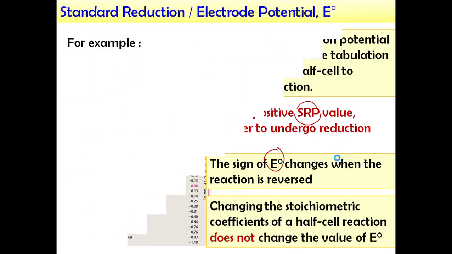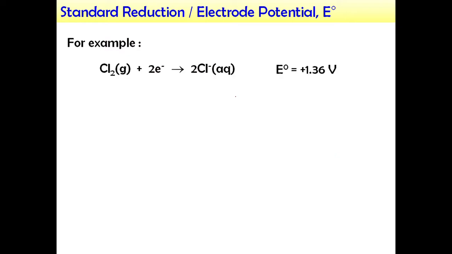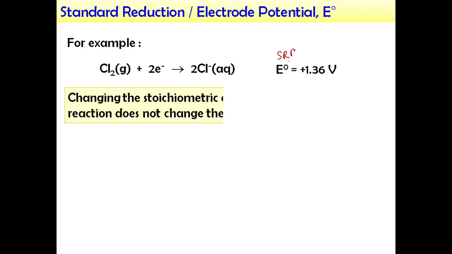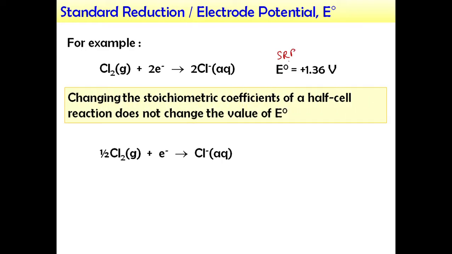Contoh, okay, saya ada satu half cell with the E0 value. Okay, this is SRP value lah, sama. Jadi, kalau saya ubah stoichiometry menjadi this equation. Okay, from the original to this, we're going to times with 1/2. Tetapi nilai E0 dia masih sama, positif 1.36 volt kerana dia takkan ubah value of E0.